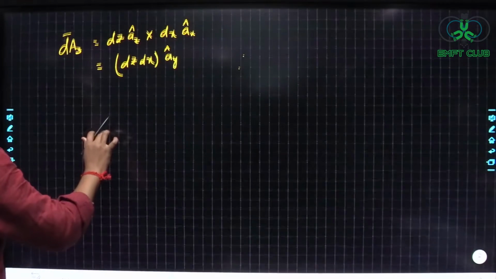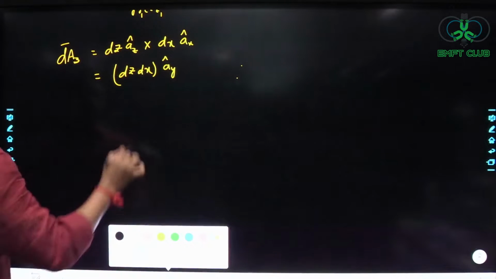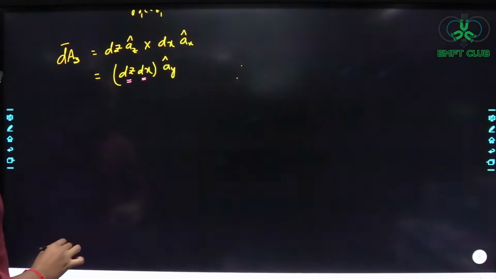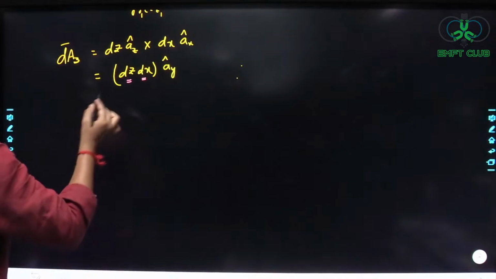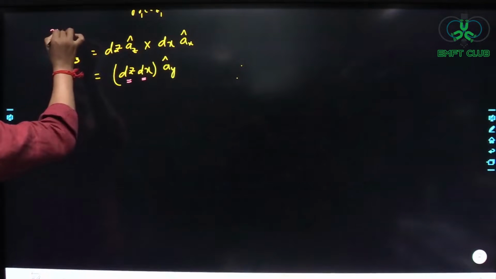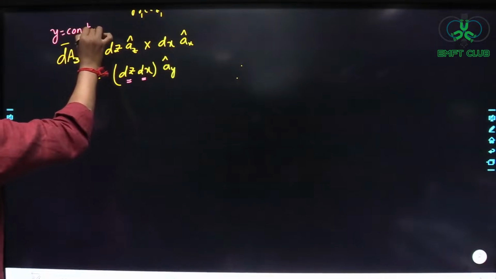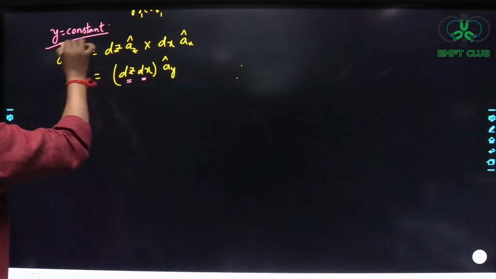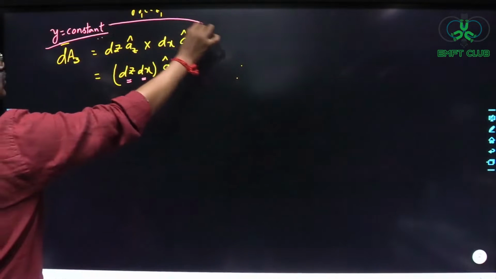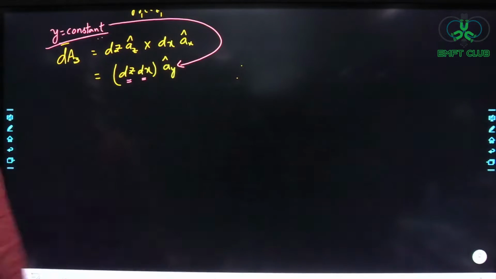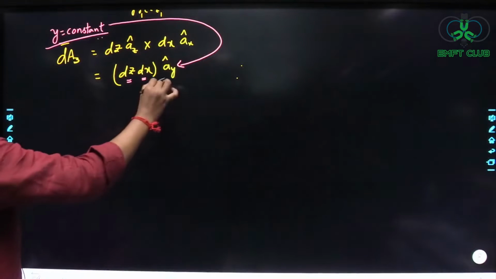Okay. So here the variables are nothing but z and x. So y is constant. So this plane is called y equal to constant plane. For the y equal to constant plane, what is its direction? Ay cap. So when will it be ay cap?